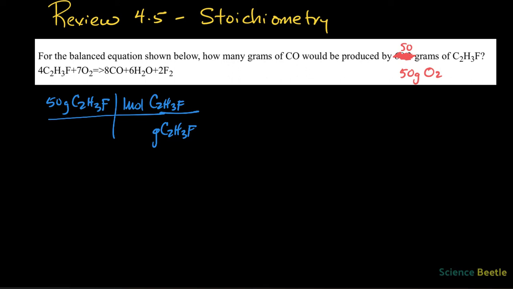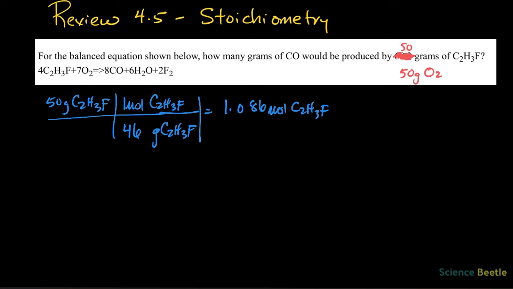When we add all those up, we had a mass of 46 grams. Now, this is going to be the number of moles of the C2H3F that we have at the beginning. So we take the 50 divided by the 46, and this will be 1.086 moles of C2H3F. So that's actually above 1 mole. I think I just said grams, but it should be moles.